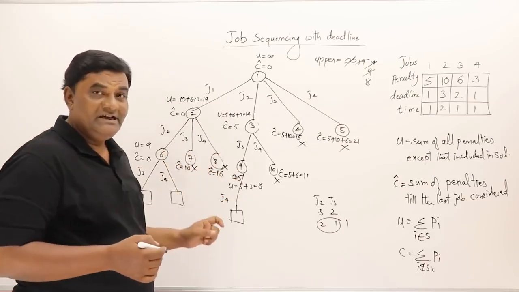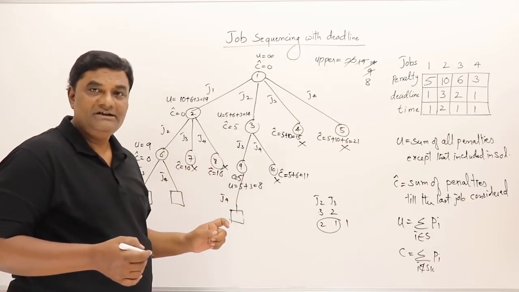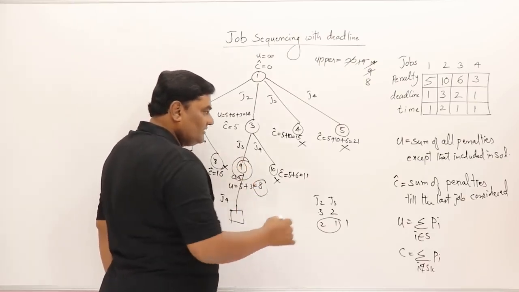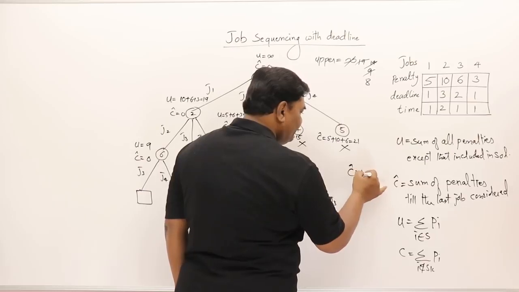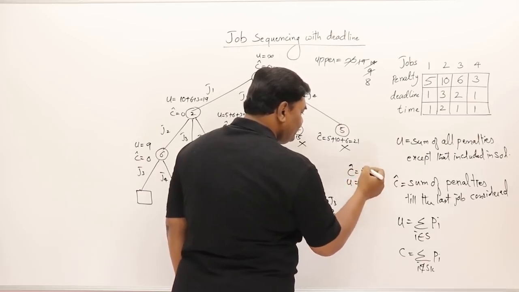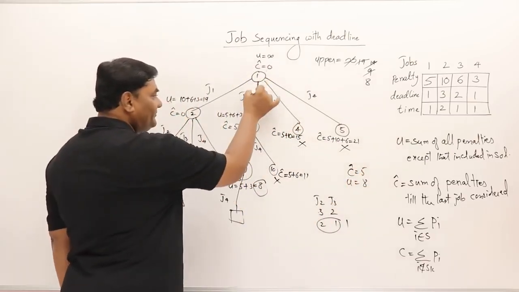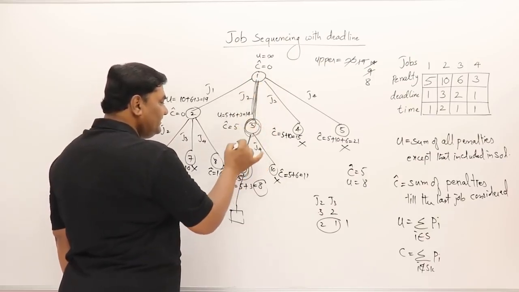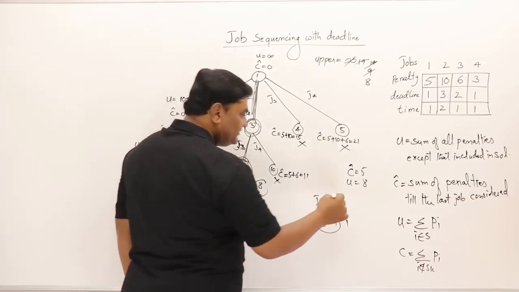Then what is the minimum penalty, or what is the minimum cost we got? That is 8 and 5. This is the node. So the cost that we got is 5 and the penalty is got as 8. What are the jobs that we'll be doing? Job 2 and job 3.